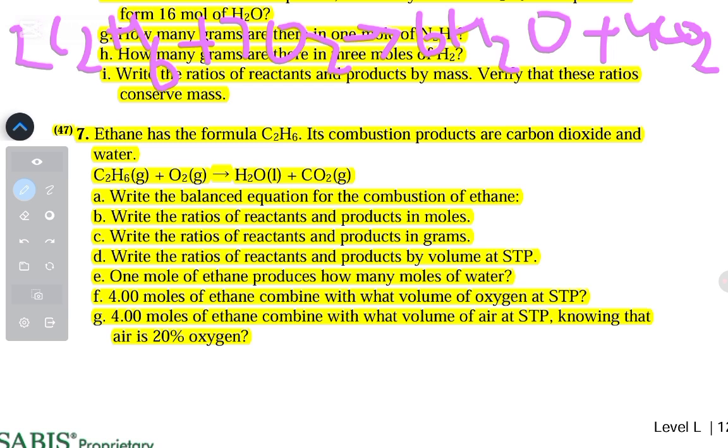Wait, let me just make sure it's okay. 14. Yes, that is okay.